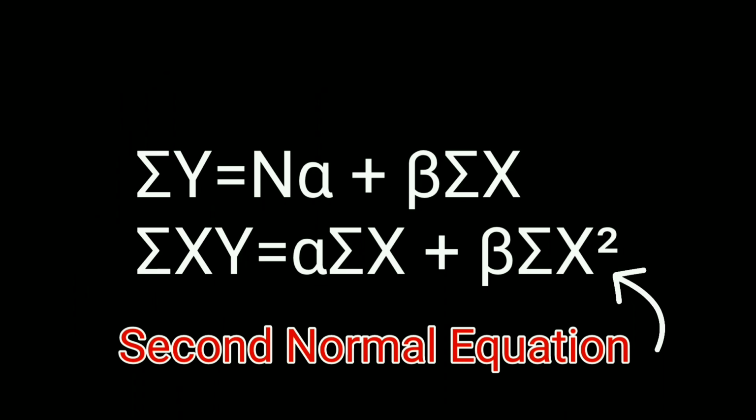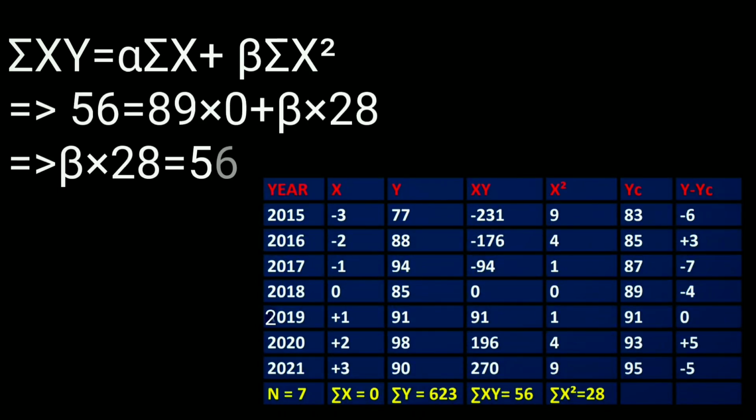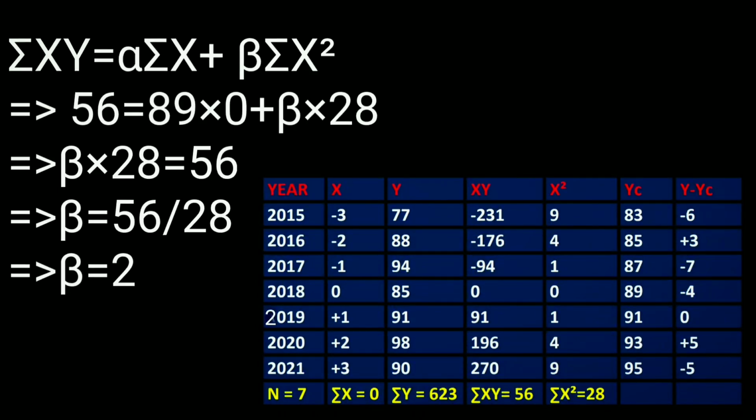Now come to the second equation. I already mentioned that the second equation will be used to get the value of beta. So how to calculate that? Have a look at the screen. The second equation is sigma xy is equal to alpha sigma x plus beta sigma x square. We got the value 56 from the table for sigma xy. The alpha value we already got is 89, so we have written 89.